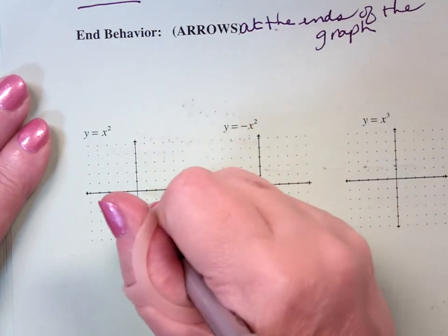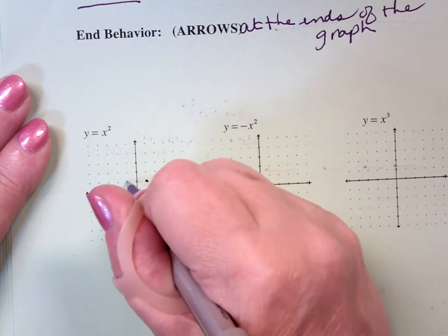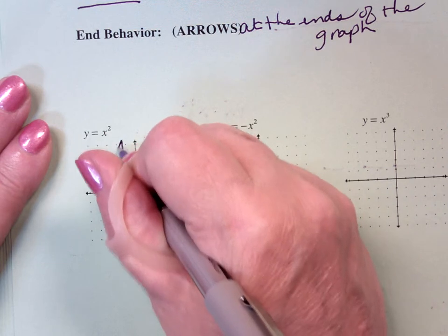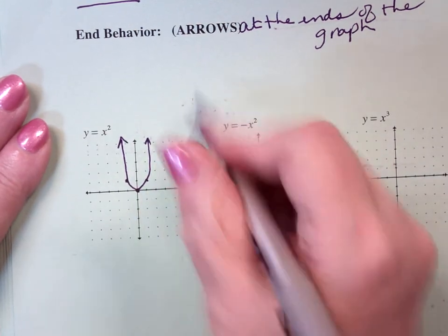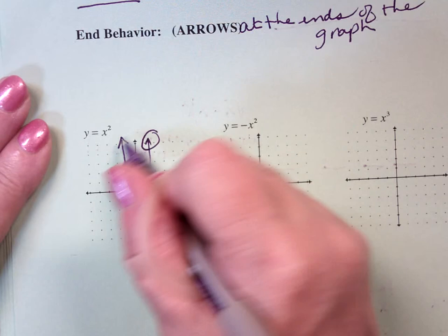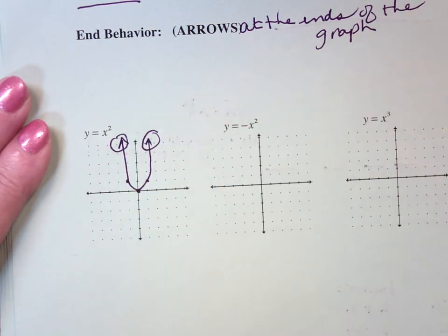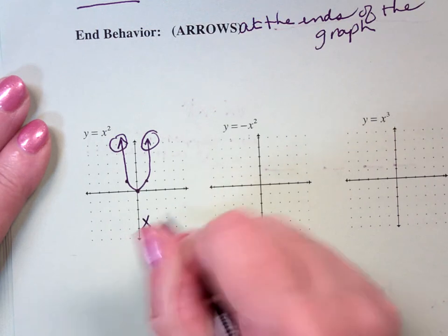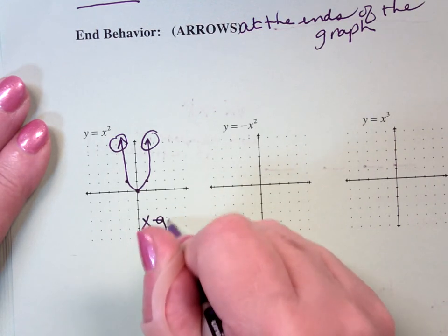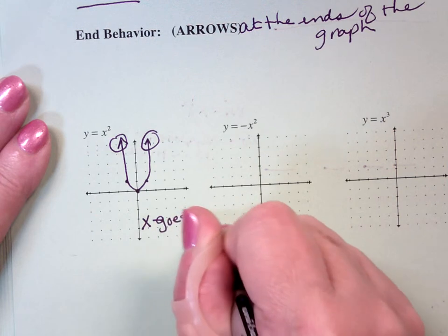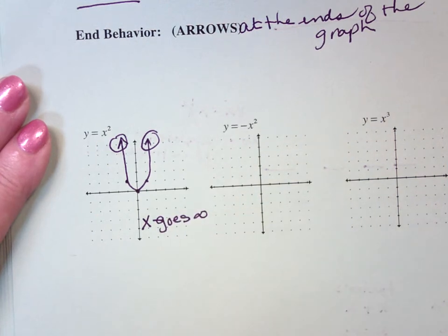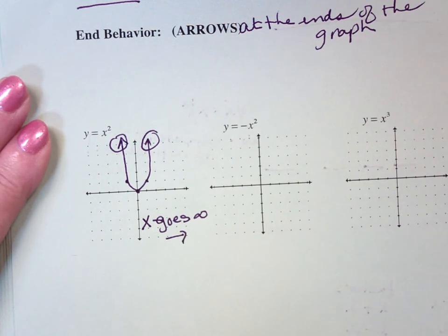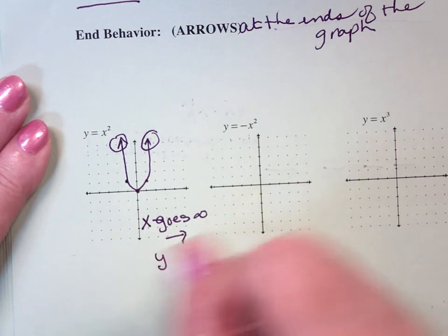If I look at x squared, we'd have (0, 0), (1, 1), (-1, 1). It's a bowl, and it opens up. End behavior is the arrows. This one says as x goes to infinity, and I could write it that way, x goes to infinity, y goes where?